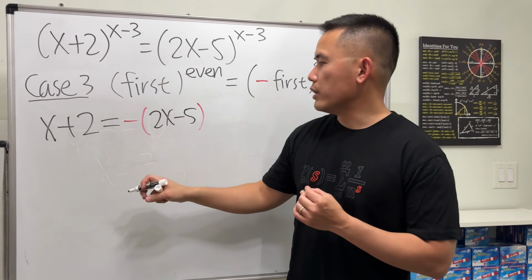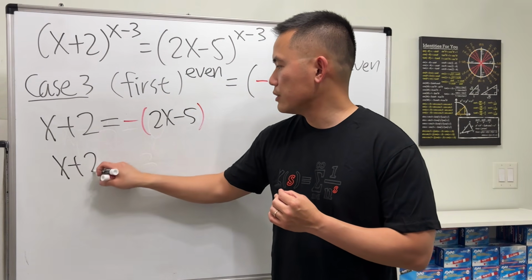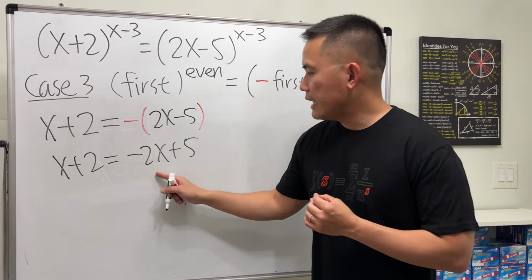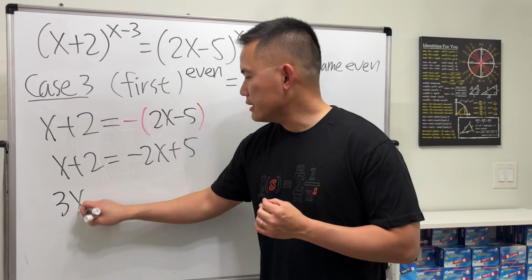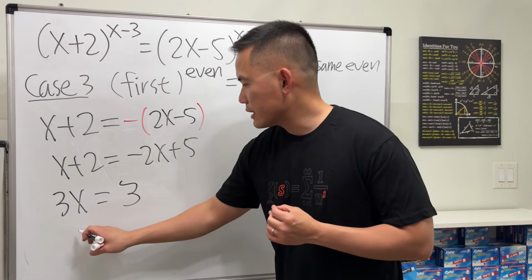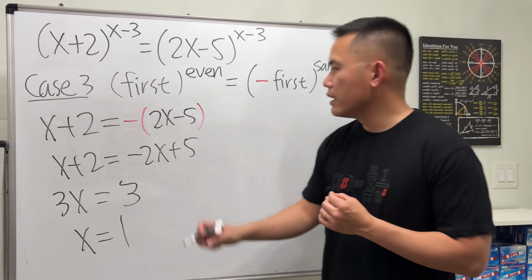Now, solve it real quick. x plus 2 equals negative 2x plus 5. Then add 2x to both sides, we have 3x. Subtract 2 from both sides, we have 3. And divide both sides by 3, x is equal to 1.